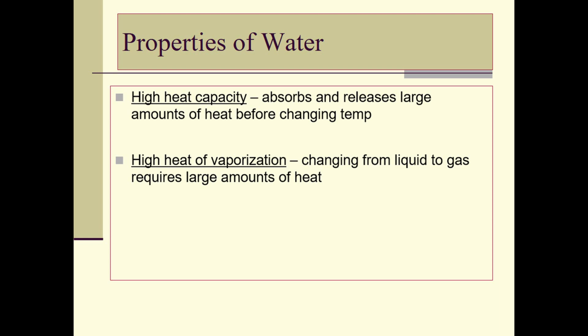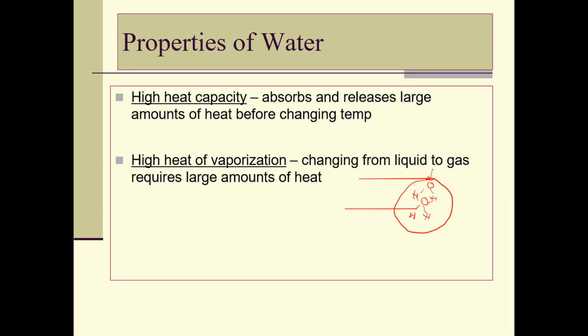Changing from a liquid to a gas requires a large amount of heat. And the reason for that is, if here's this water droplet, we have a water molecule right here, and then we're going to have another one right here. This water molecule right here is being pulled towards the center from these hydrogen bonds.